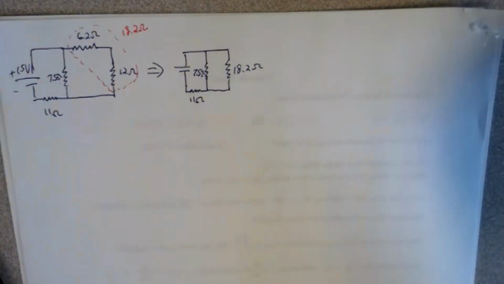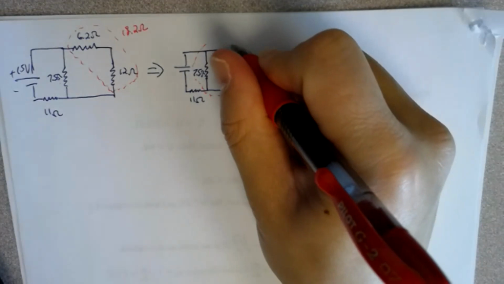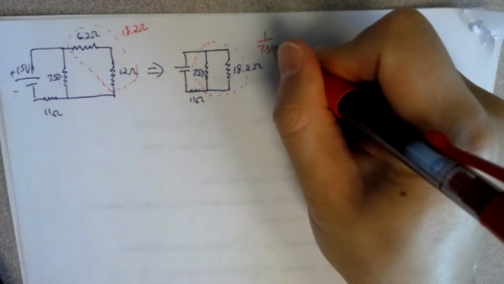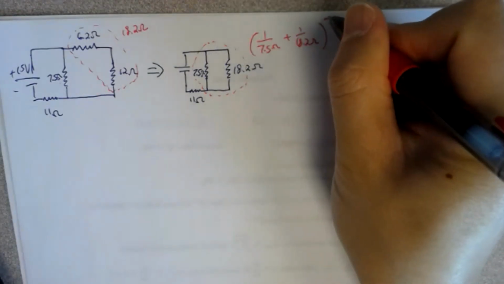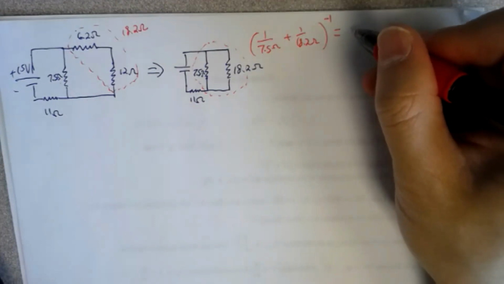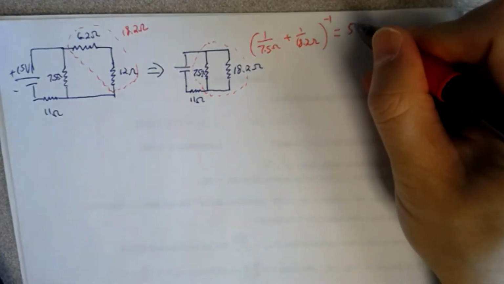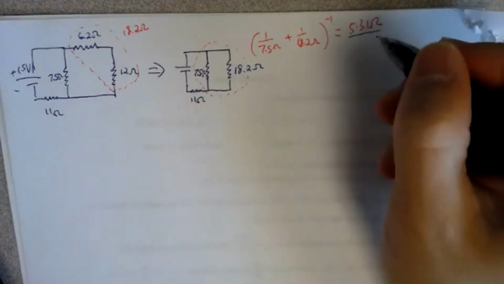So we look at this second circuit and figure, okay, these two are just in parallel. So these two will be treated as one. So 1 over 7.5 ohms plus 1 over 18.2 ohms, and then inverse of that should be equal to 5.31 ohms. So this part will be replaced by that.